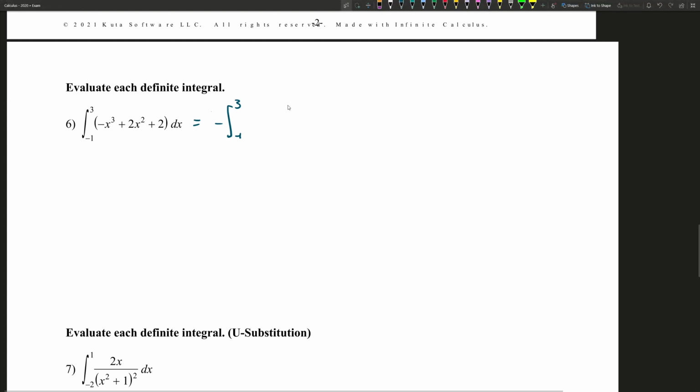Right, so if we use some of these rules just to separate this entire integral, we get negative the integral of negative 1 to 3 of x cubed plus 2 times the integral from negative 1 to 3 of x squared, and all these should have dx's. And then plus just the integral of negative 1 to 3 of 2.